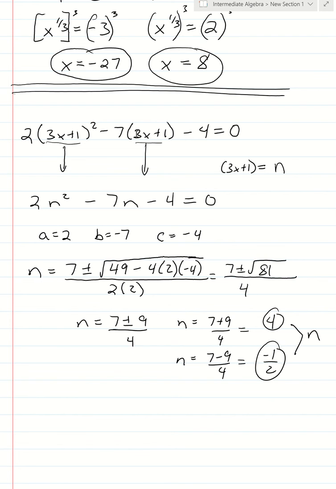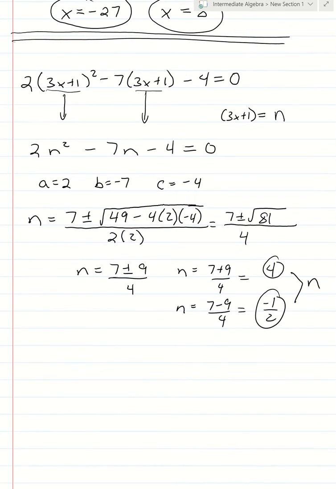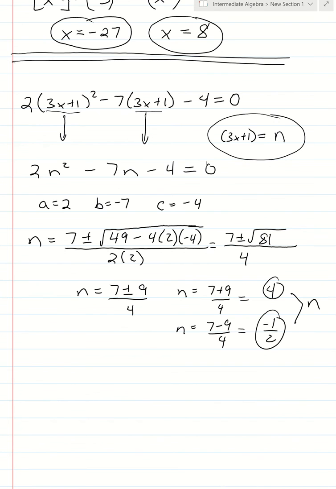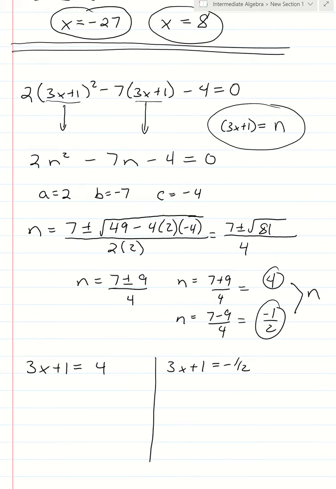But remember, the original equation is asking us to solve for x. And we established earlier that there is a relationship here between 3x plus 1 and n. In which case now, we would be able to say that 3x plus 1 is going to equal 4, as well as 3x plus 1 will have to equal the negative 1/2. Those are the two values of n.